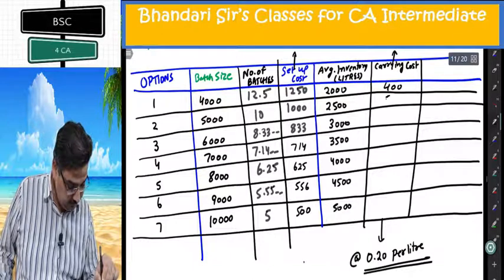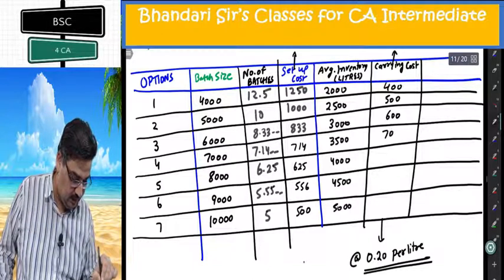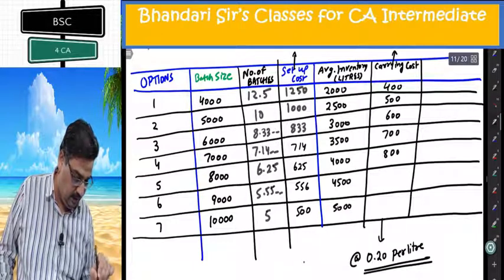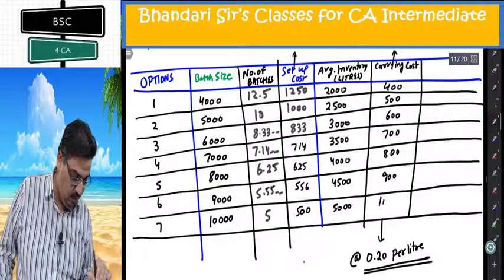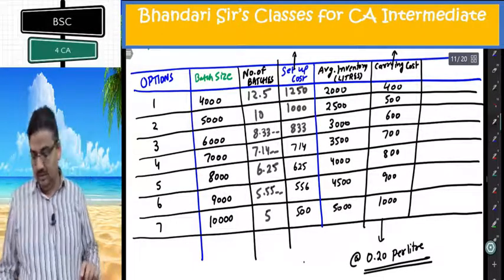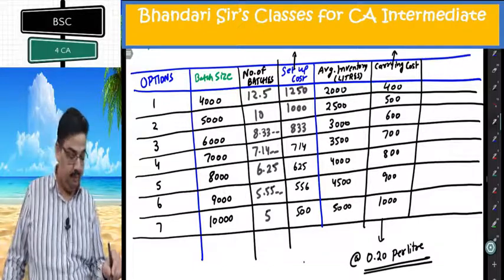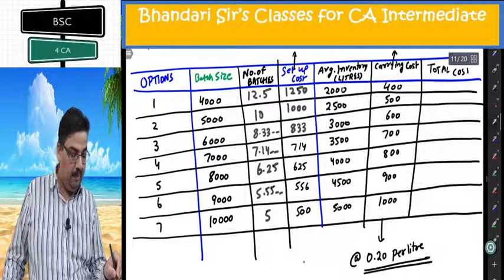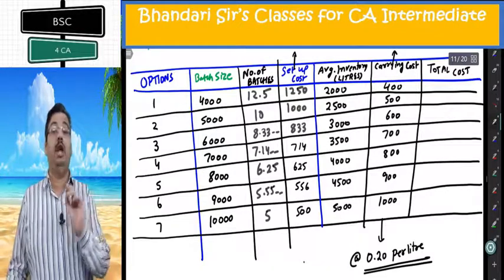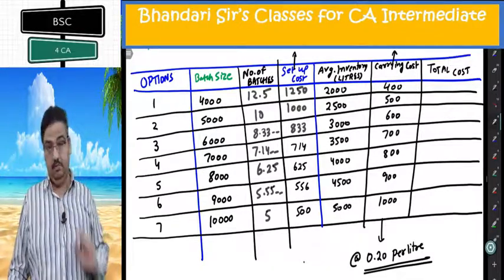400, 500, 600, 700, 800, 900, 1000. That is the cost we will be getting. I repeat, you have a cost of 50 rupees per square meter.